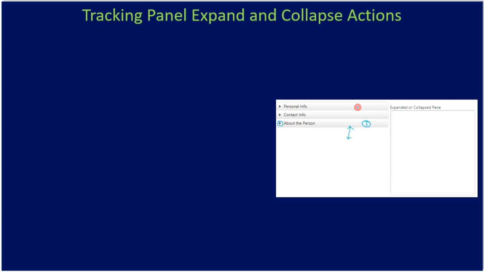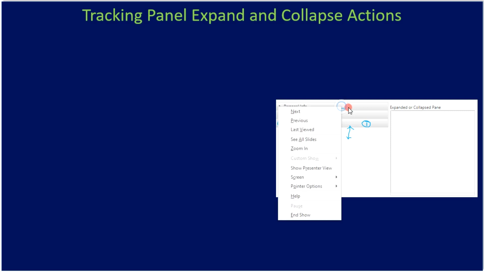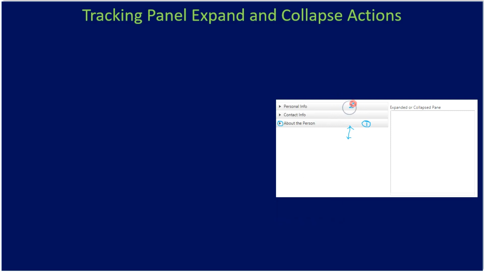All right, now let's say that user clicked this, the panel is expanded, and now this time if user directly goes and clicks this panel, then the already opened panel will get collapsed and this one will get expanded, right? So we will track those and list the panel expand as well as the closed one here in this text area component.